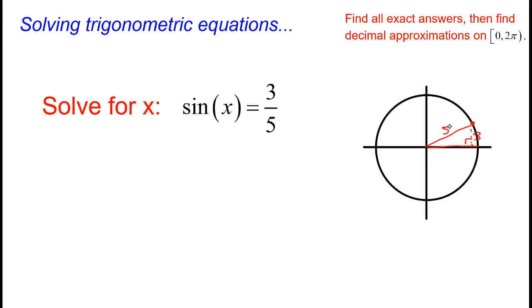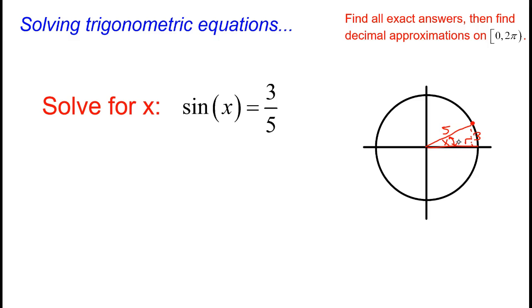The horizontal piece would be 4, making this a 3-4-5 triangle, but for this type of problem, I don't actually need to know that. I can tell you that this angle right here is x, the angle whose sine ratio is 3/5.